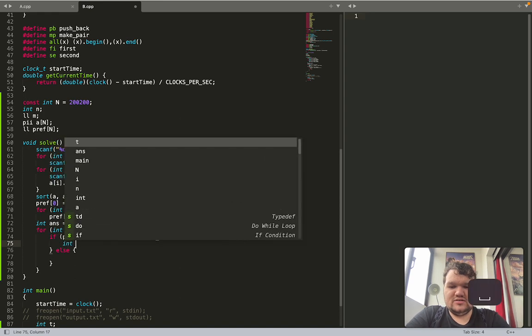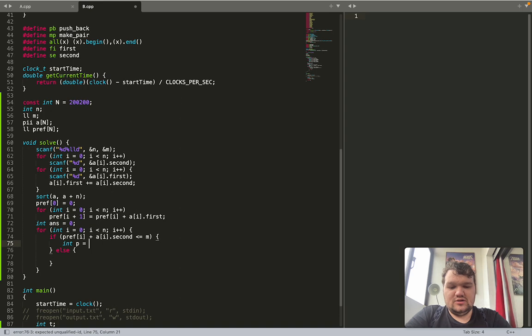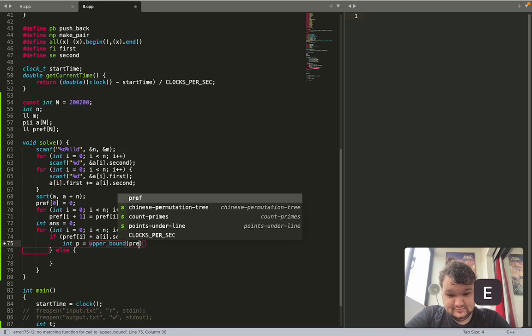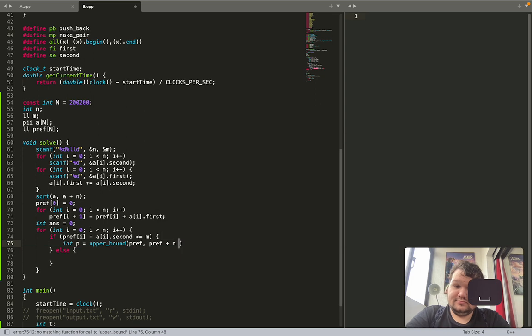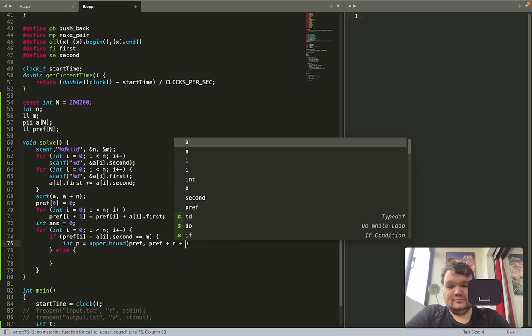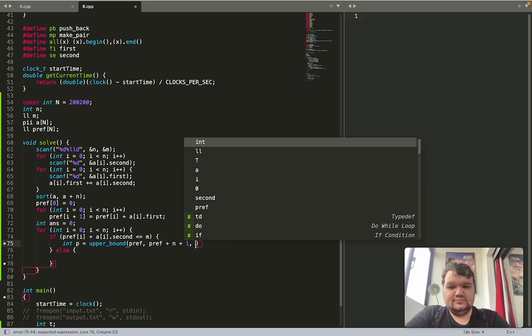And so the position will be... So I want to find the first prefix sum that is strictly greater than what?